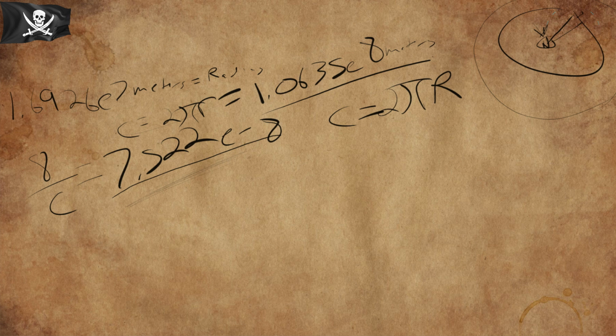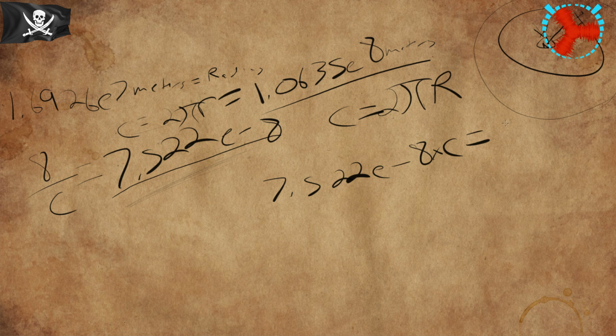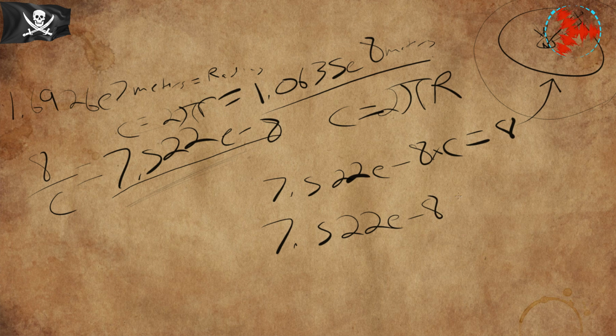So we get 7.522E-8 times circumference equals 8 for this part. So we can use 7.522E-8 times C equals 1 for this. Aha! That's the part I missed.